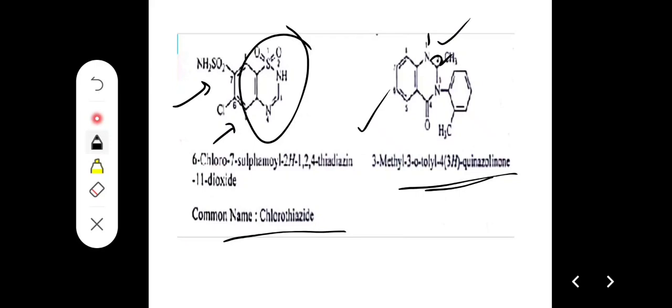And in the 4 position, 4(3H), that is 3H, meaning hydrogens are attached. So, quinazolinone.